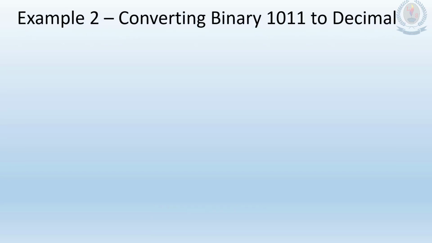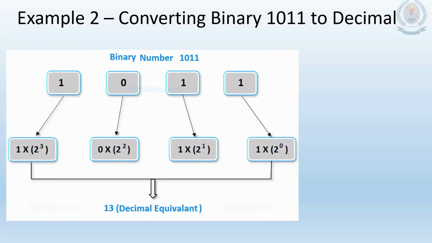And the second example, binary 1011 into decimal. This is how it happens. I have explained it in a different way compared to the first example, then you will understand better. If we take your right hand side 1, it is multiplied by 2 to the power 0.